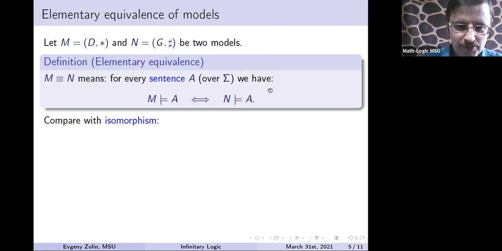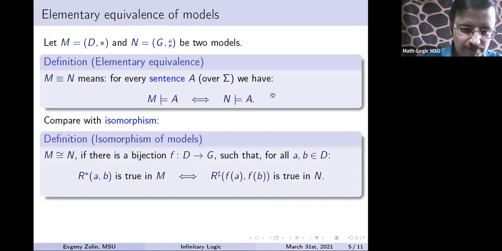And recall that we also have the notion of isomorphism. Two models are isomorphic if there is an isomorphism. An isomorphism is a bijection from one set to another set, such that for any two elements from the first set, and for any predicate symbol, here I gave an example for a binary predicate R, but in general we have in our signature sigma many predicates with many arguments.